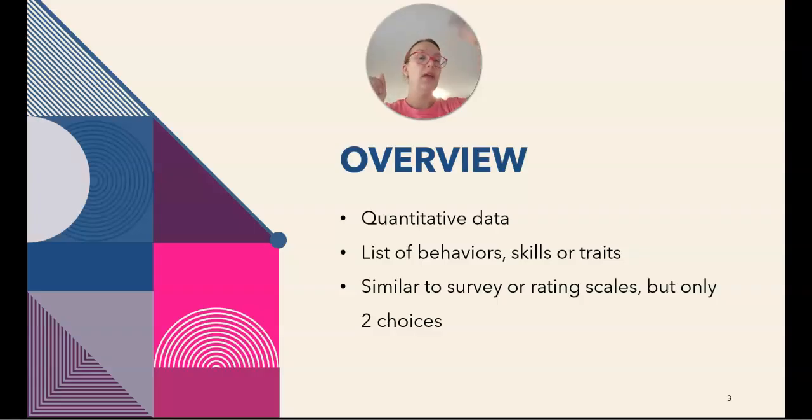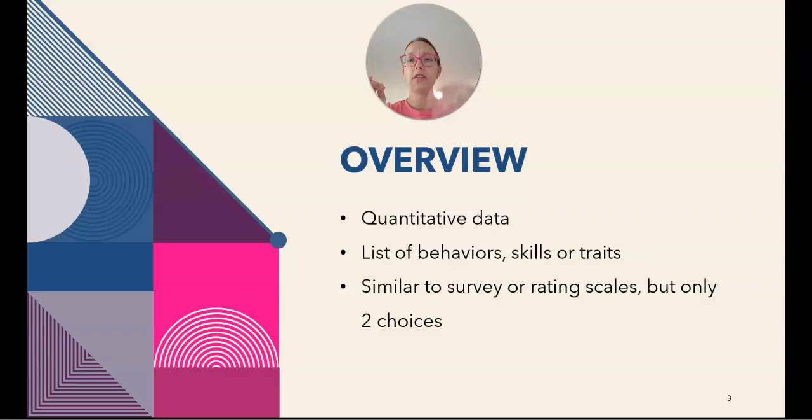So it could be behaviors, observed, not observed, characteristics of the classroom, present, not present. It could be skills you want the students to master, and it could be mastered or not mastered, something along those lines.